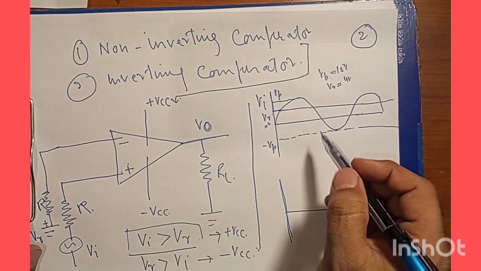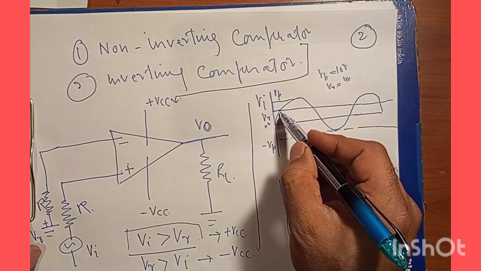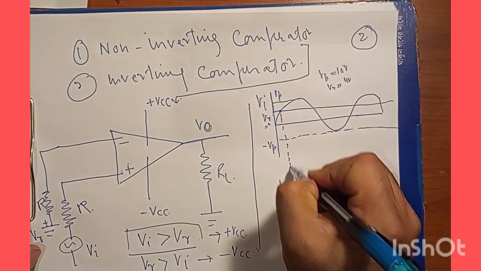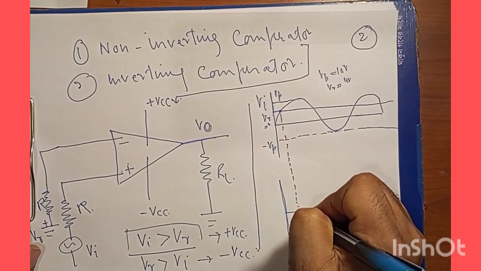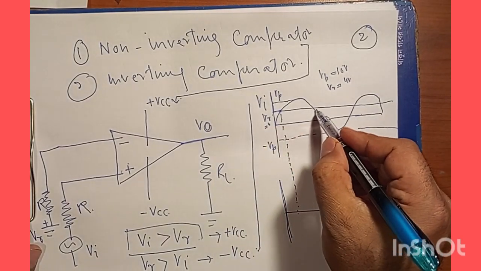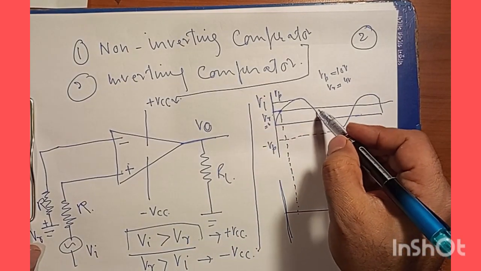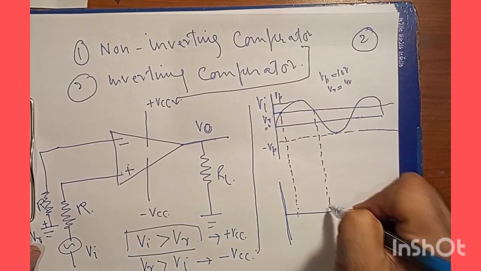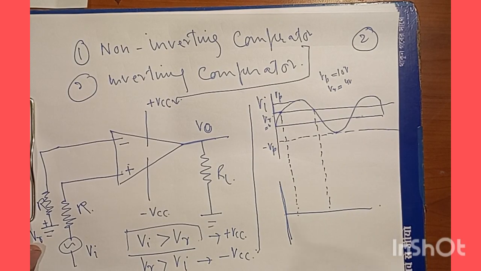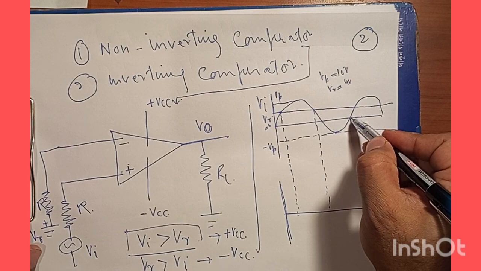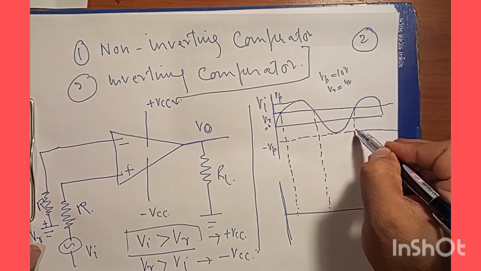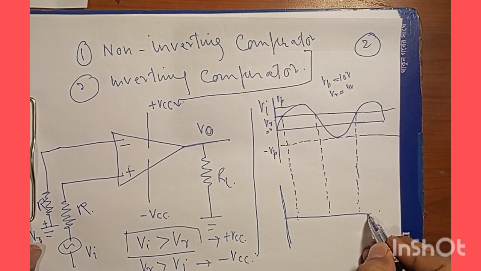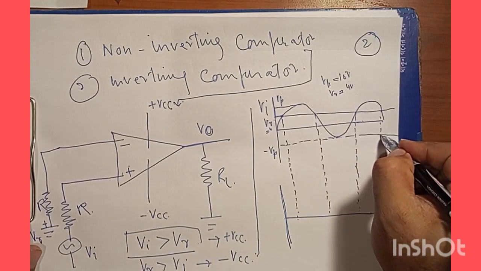Okay, so we can see the points here where there is intersection between the reference voltage and the signal, and here it is again like this, and here is another point of intersection, so we can draw a straight line here, and here is another intersection and we can have a straight line.